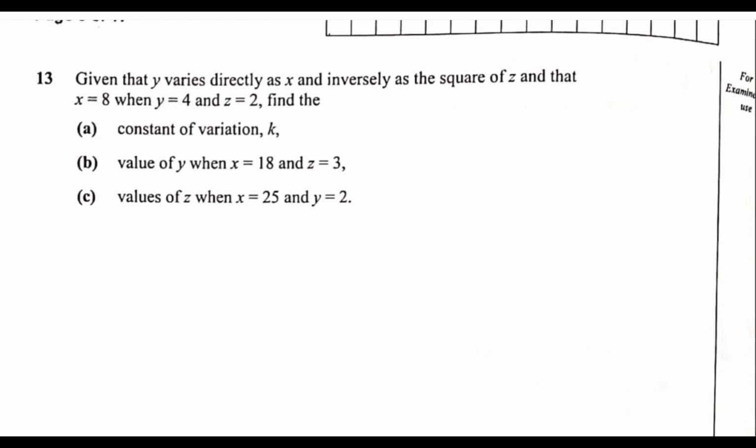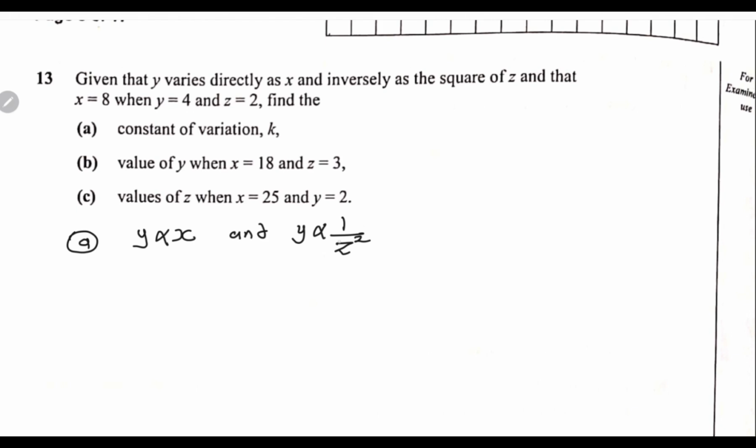So the only thing we need to understand properly is the statement. Okay, so the statement reads y varies directly as x, and the same y varies inversely as the square of z. Whenever you are dealing with inverse variation, you have to say 1 over the square of z, which is z squared.